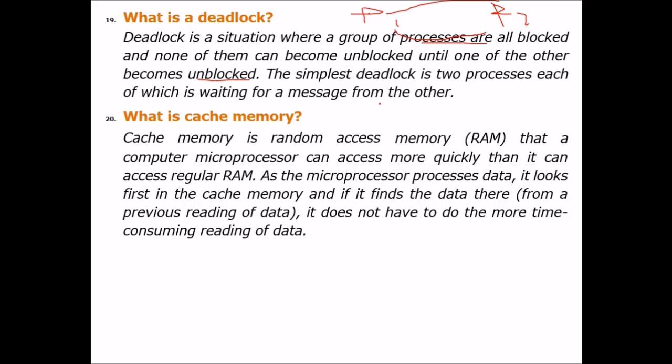If it is onboard, the processor can easily access them. As the microprocessor processes data, it first goes to the cache memory, and if it finds the data there, it does not have to do the more time consuming reading of data. If it is not in cache, it will go to the RAM.